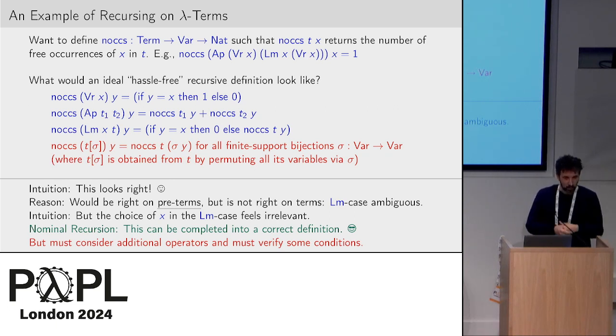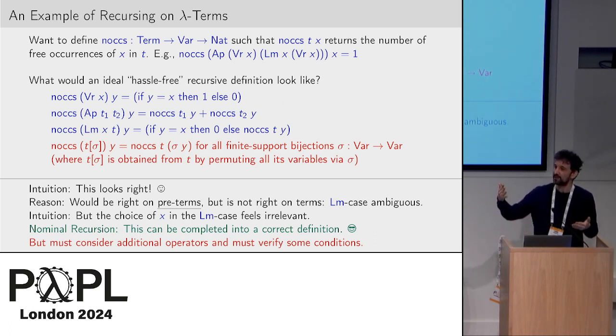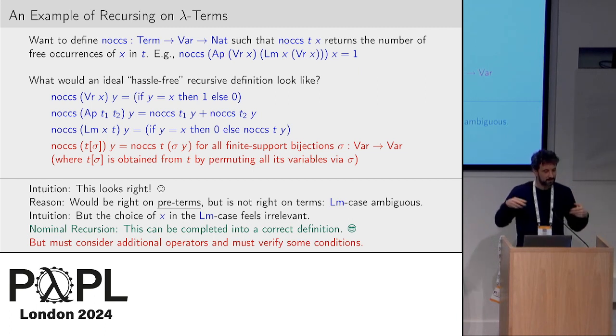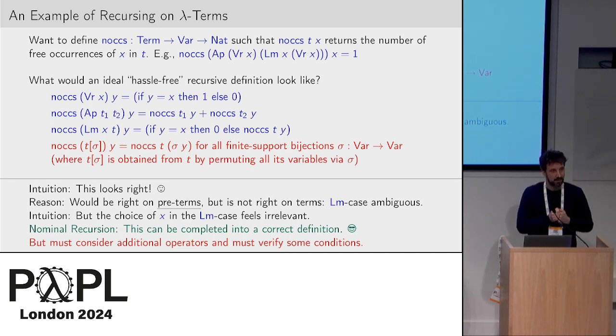For example, one of the nominal recursors, the most famous one by Gabbay and Pitts, considers an extra operator to prop recursion, to further help recursion. So it's not only about the interaction with the constructors, but also about interaction with other operators. In this case, the permutation operator that permutes all the variables in a term according to some function.